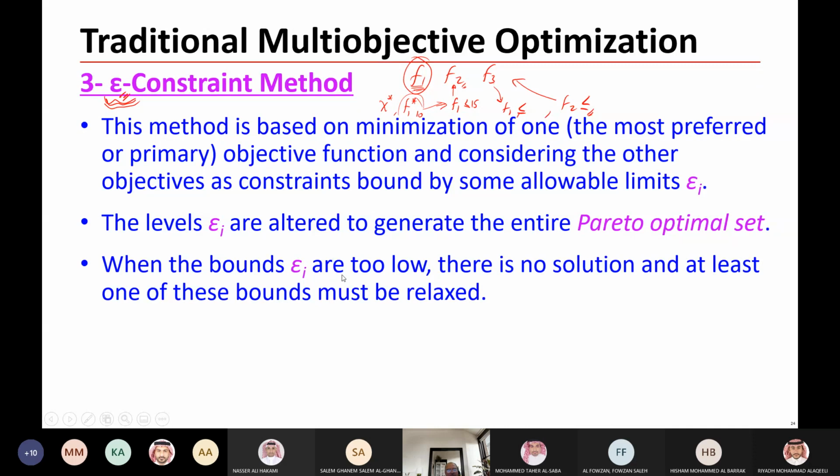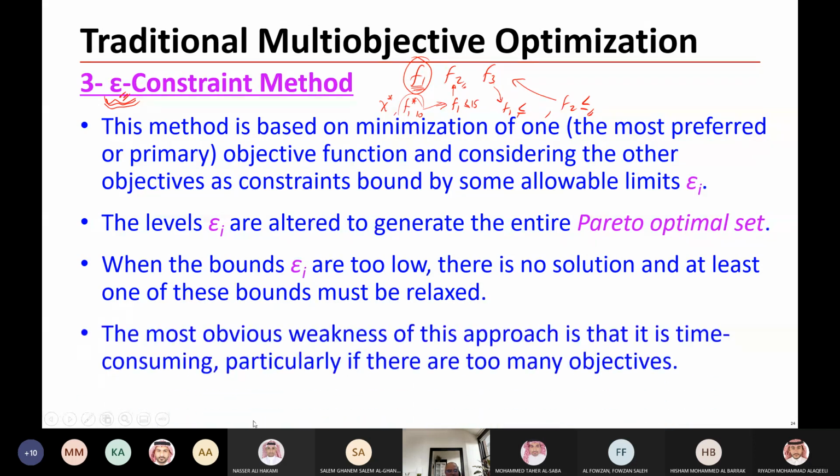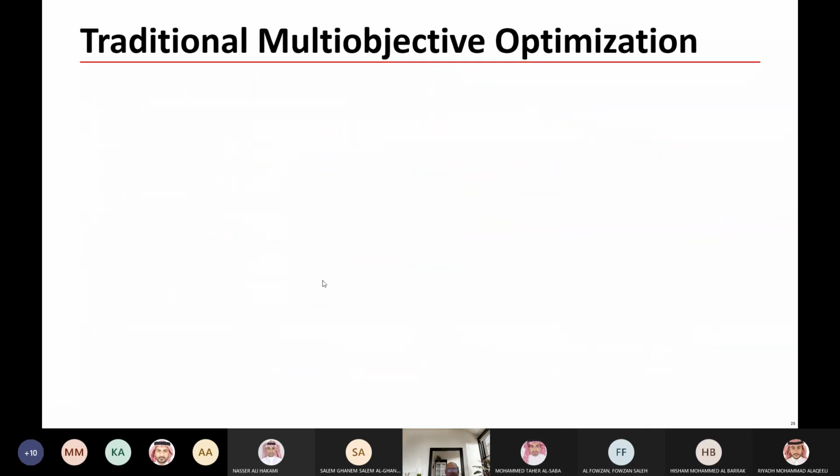When the bounds epsilon i are too low, there is no solution, and at least one of those bounds must be relaxed. Of course, if there is no feasible solution, you have to relax epsilon more, and relax these constraints. And the most obvious weakness of this is that it is time consuming, particularly if there are too many objectives.